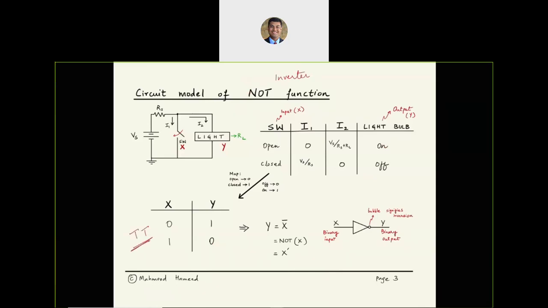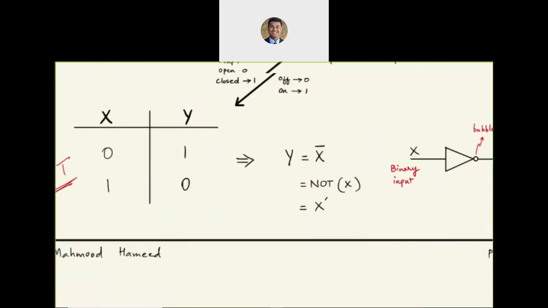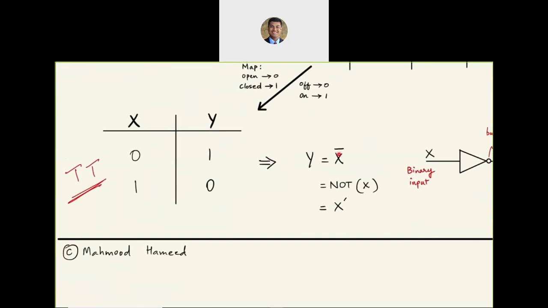So essentially we have a flipping of the state, getting complemented, getting inverted. So it can be represented using a logic expression by saying y equals x complement. So the bar over that x represents an inversion operation.